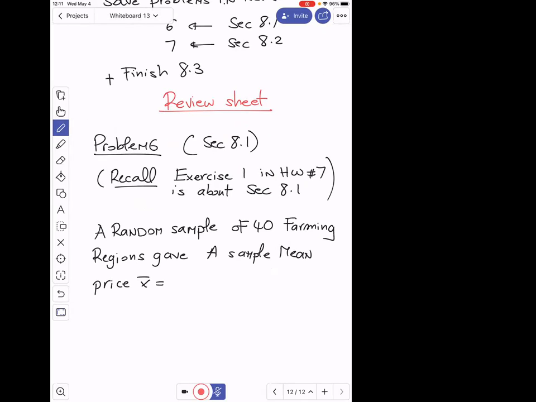It's actually $7.50 per 100 pounds of watermelon.